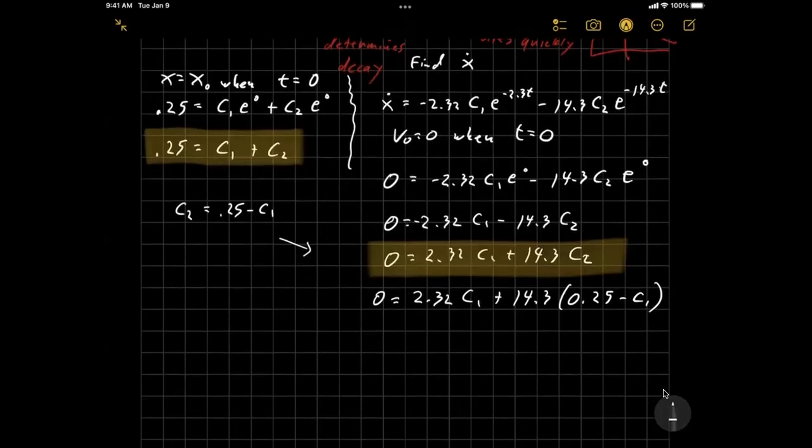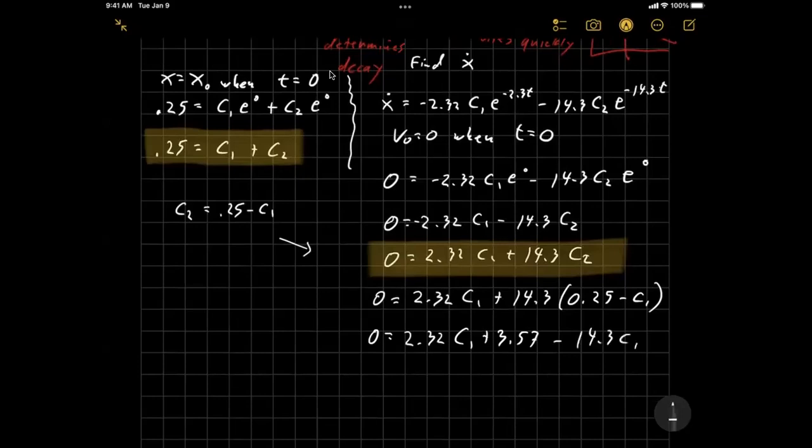Distribute. Let me just real quickly get a number here for 0.25 times 14.3. I forgot to pre-calculate that. So it looks like plus 3.57, minus 14.3 C1.